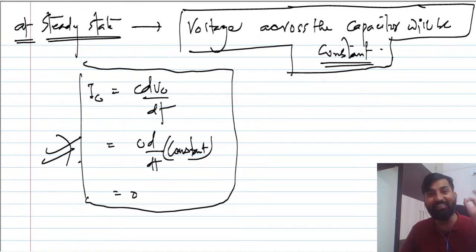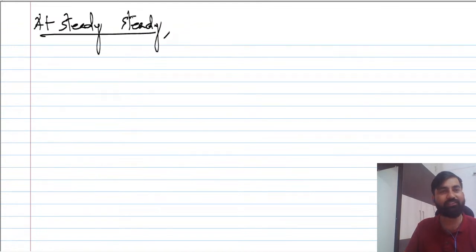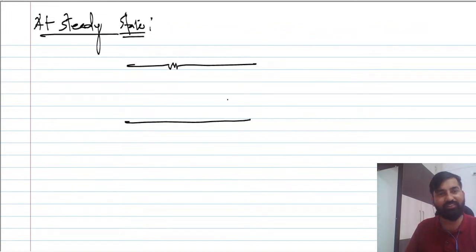So at steady state, remember, your circuit will look like this. You can say V final.